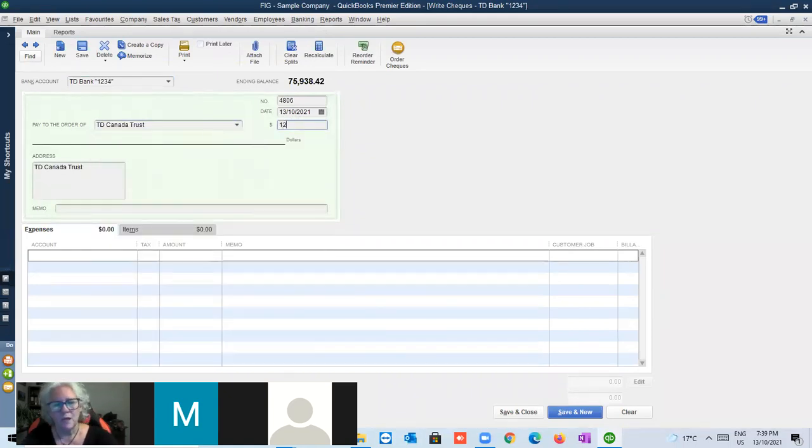And maybe the total came out like this. And what I do here is payroll ending October 24, 2021, and I copy paste that memo down to here.